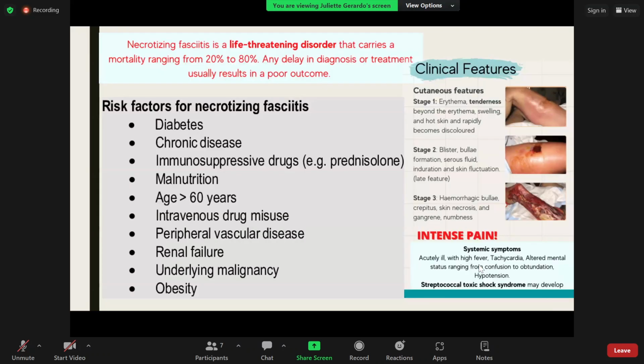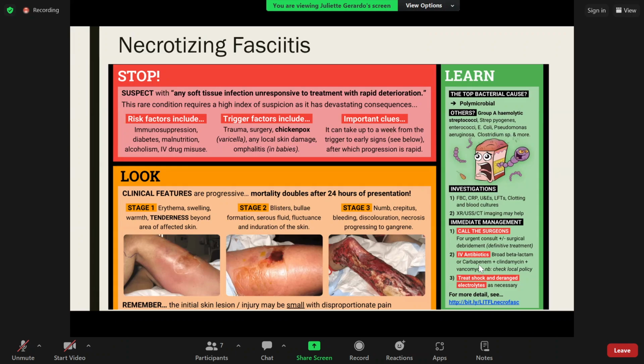So the number of cases in the United States is much lower than what it sounds like you are seeing here. Most of the time it's 1 to 15 per 100,000 individuals, but it's likely underreported because, as we sometimes said, this can be insidious and people might not recognize it until later in the course, as the cause of a patient's septic shock.